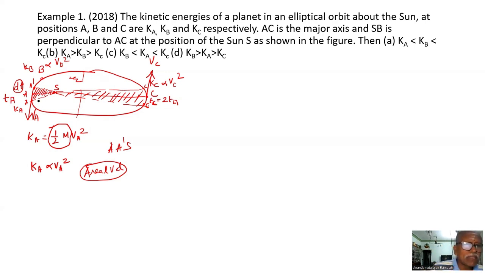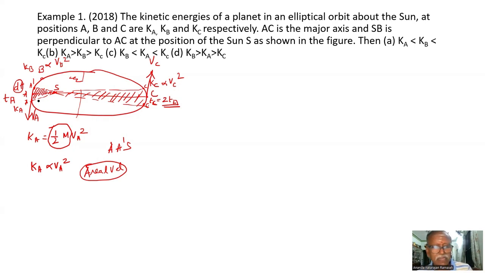So here at A dash, same distance, and at C dash, same distance, but the area is larger. That's why it has to spend more time, twice the time of this, because the time taken for covering area must be equal.